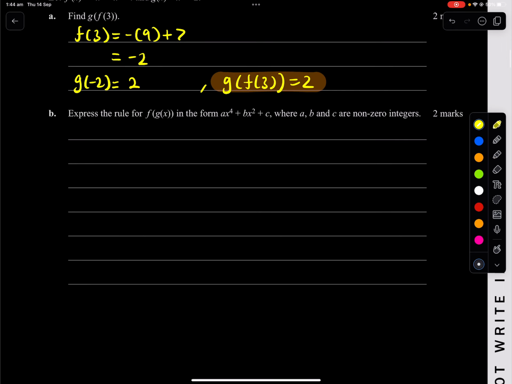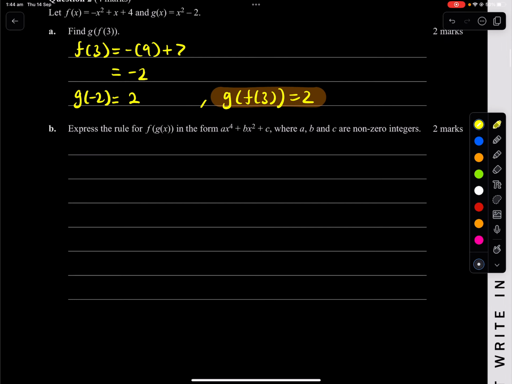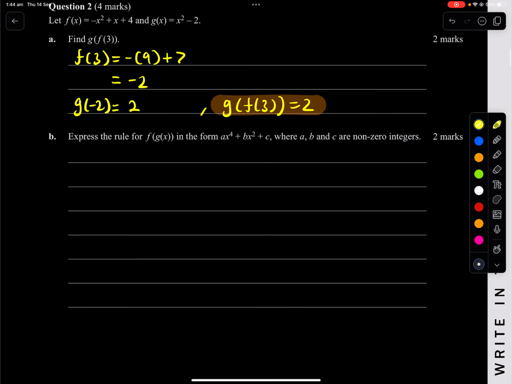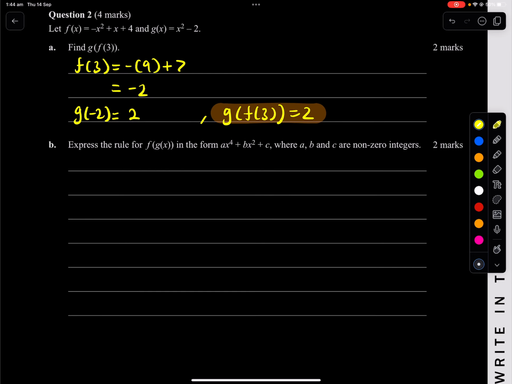That's that. Express the rule of f of g of x in the form of this, where a, b and c are non-zero integers. Okay, so f of g of x is just putting g of x in every x. So we're saying (x squared minus 2) squared plus (x squared minus 2) plus 4.